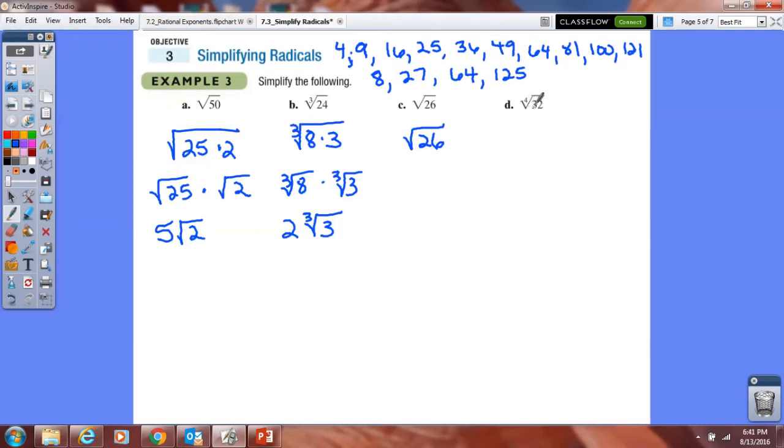For the fourth root of 32, let's think about our fourth roots. 16 is a perfect fourth. 16 times 2 is 32, so let's split it into the fourth root of 16 and the fourth root of 2, and we'll get here 2 fourth root of 2 as our simplified radical.